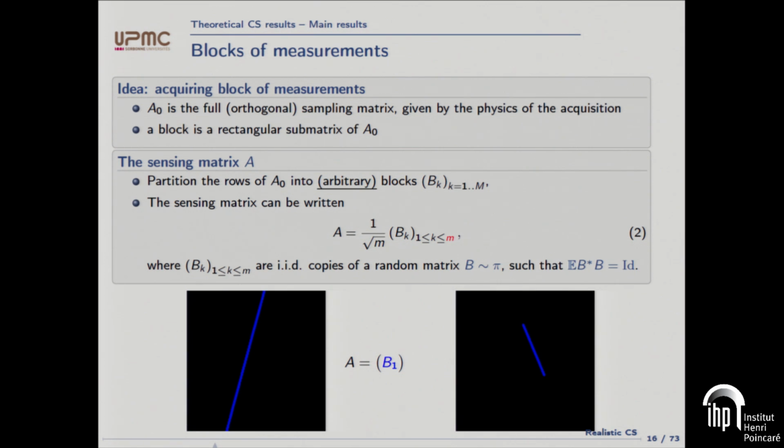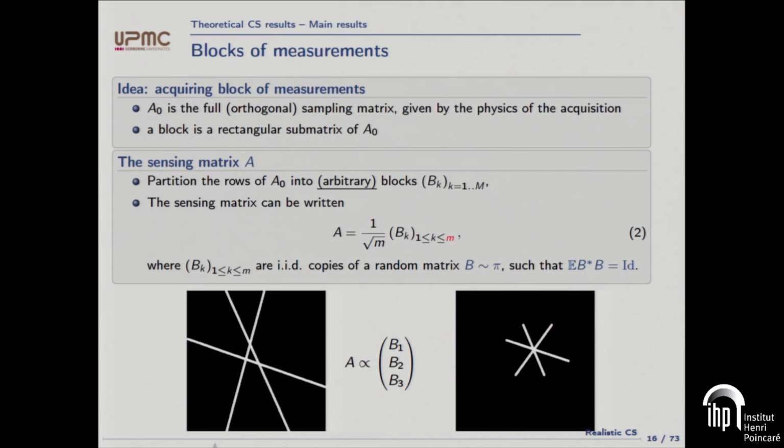And then you want to sample the orange line, which corresponds to another block in your dictionary. This is B2, and you concatenate it, and so on, okay? And so you end up with a concatenation of random blocks here, where B1, B2, B3 are just IID copies of B, which is under the law of pi, okay?